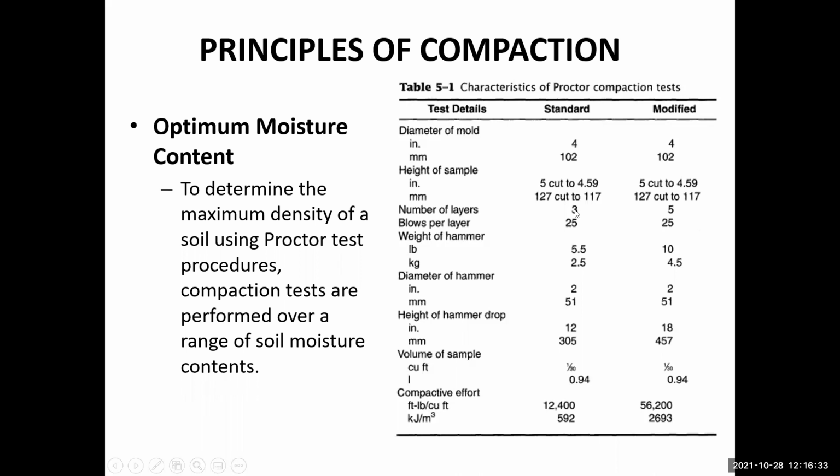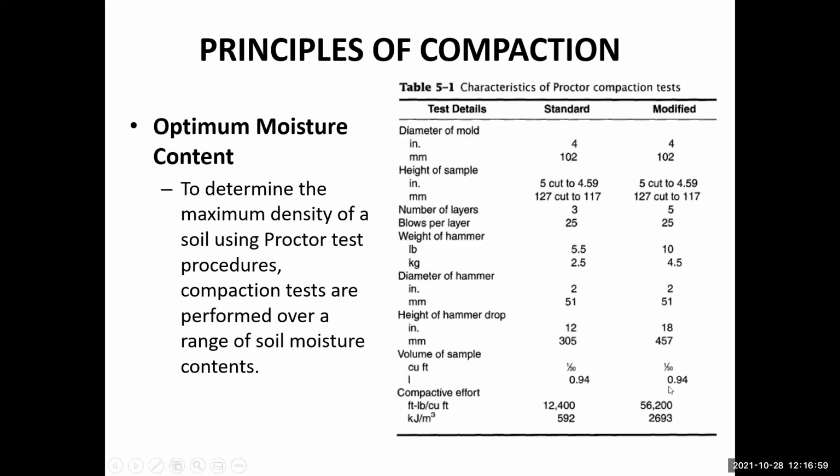The number of layers in the standard test is 3, and in the modified test it is 25. The blows per layer are the same. The hammer is heavier in the modified test than the standard test. The diameter of the hammer is the same. The height of the drop of the hammer is also different; it is higher in the modified test.